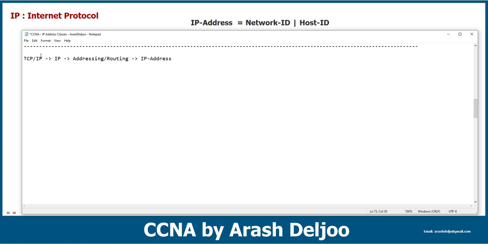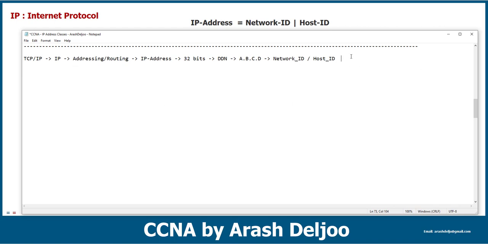As you learned, the IP address has 32 bits length, and we can write the IP address in dotted decimal notation in the form A.B.C.D. And now you know that the IP address has two parts: the network ID, the network identifier, and also the host ID.